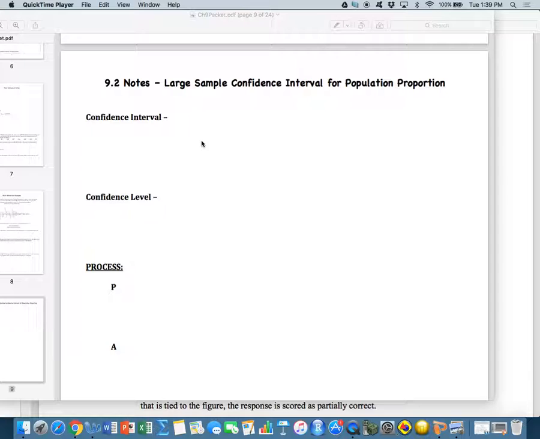A confidence level has to do with your confidence in your process. It has nothing to do with the specific interval that you found. So you're going to find a 90% confidence interval. The 90% has nothing to do with the interval itself, but instead with the process that brought you to that interval. So we're going to interpret it later, so I'm just going to leave that for right now.